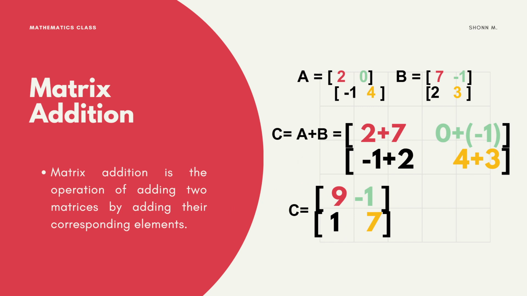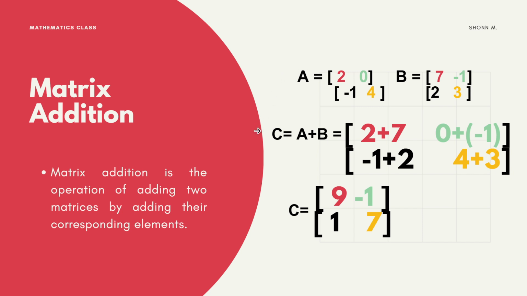So to add matrices, we take each element from A and add it to the corresponding element in B. So I already highlighted which are the elements that should be added together, just like this. From top left to top left, top right with top right, and so on.